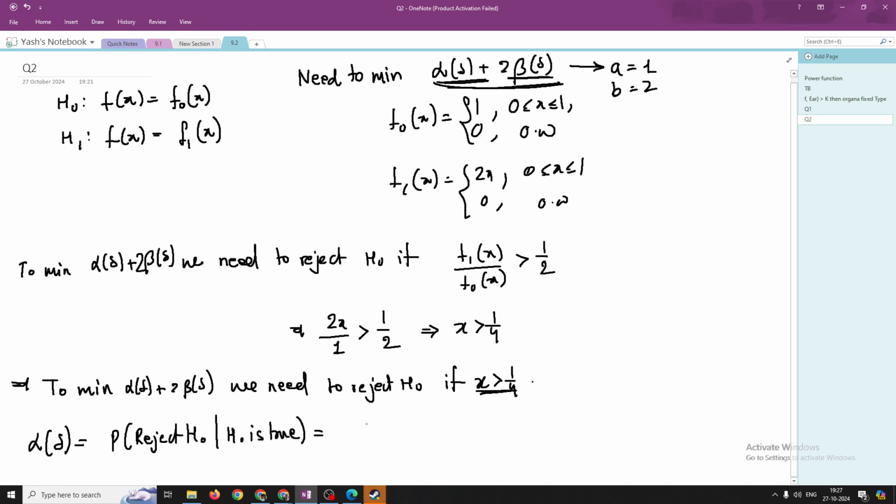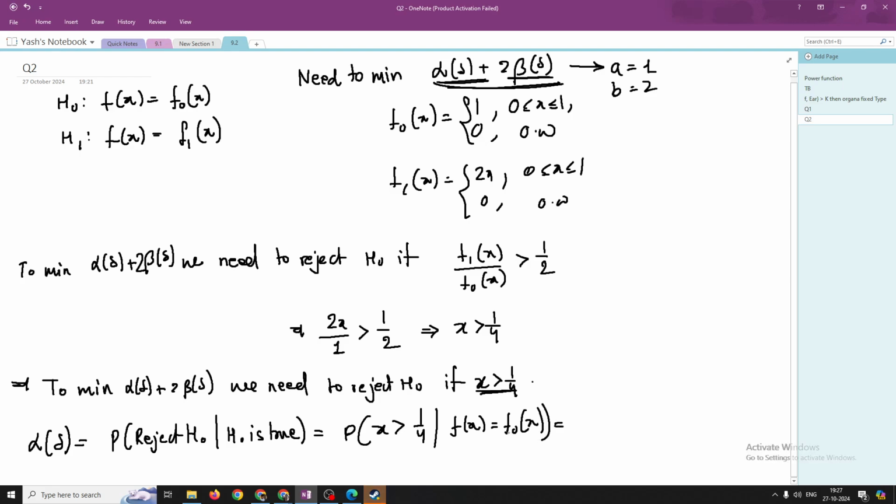We reject H naught when x is greater than 1 by 4. And when H naught is true, it means the PDF of x is given by f naught of x.